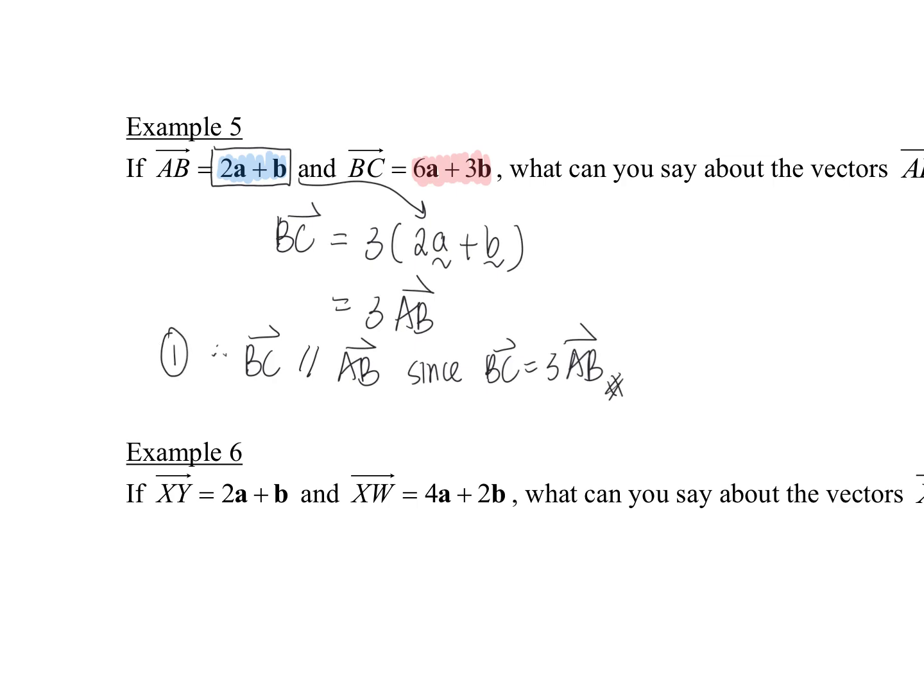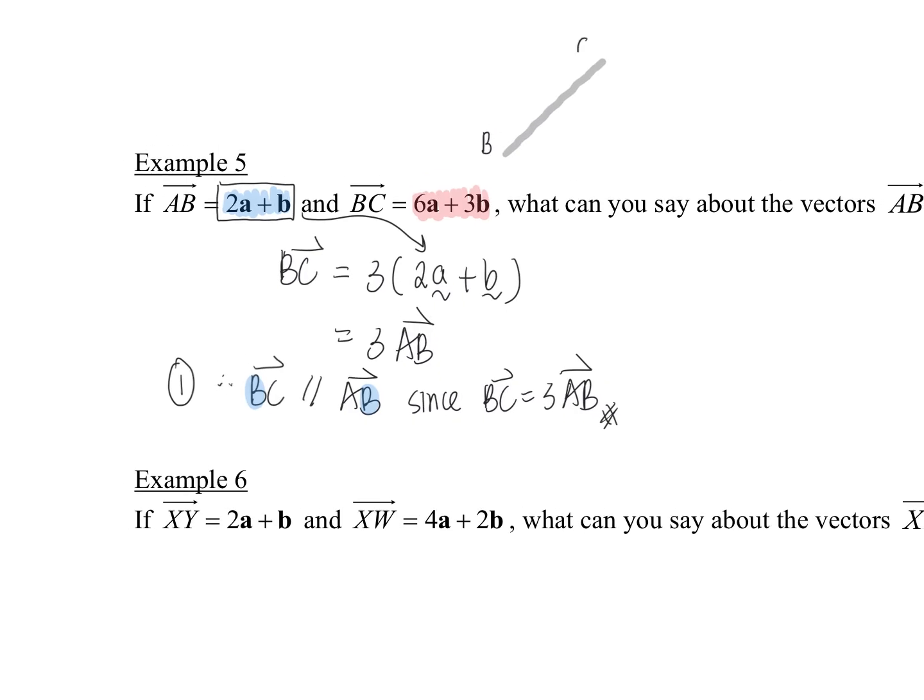But just to bring to your attention, can you see that they share a common point B? So BC is this line here. This is the direction. Then I have another line, AB, here. Let me use the highlighter.